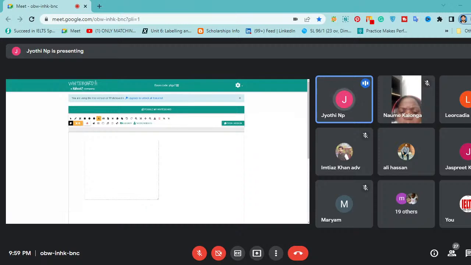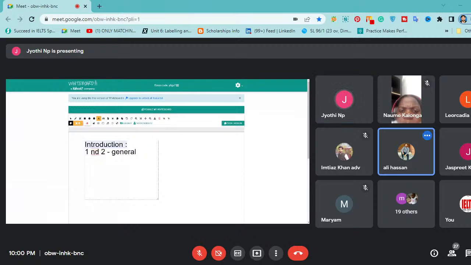So first of all, in the introduction, what do they need to see? In the introduction, the examiners will see the first and the second sentence. Is it general? Is it to the topic?